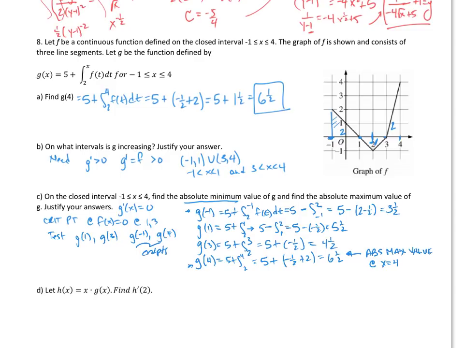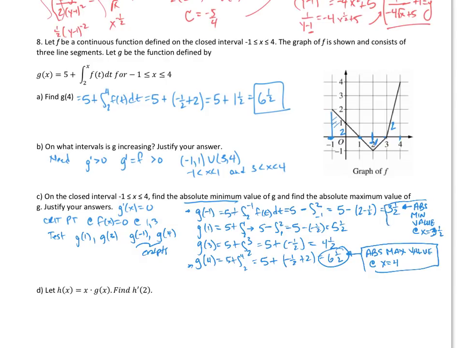And this one is the absolute minimum value at x equals 3.5. Oops, 3.5. So we've got an absolute maximum value at x equals 4, and the value is 6.5.